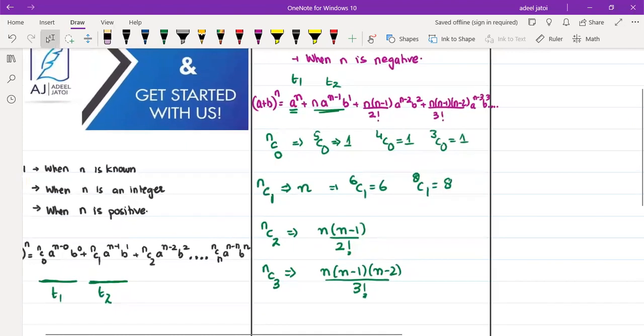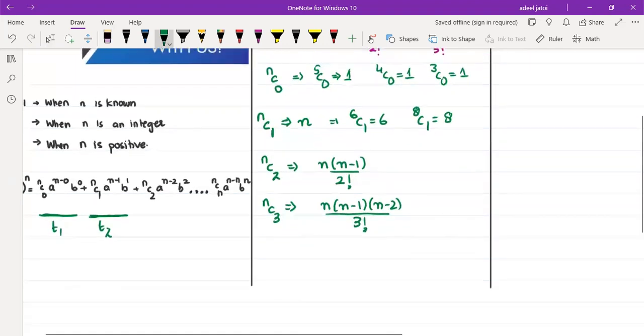But obviously the term values will be larger, so you will be using the calculator in case 2 as well. But the n, n(n-1)/2!, or n(n-1)(n-2)/3! can be calculated without a calculator as well.